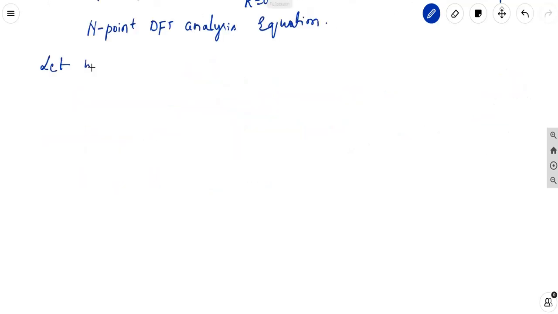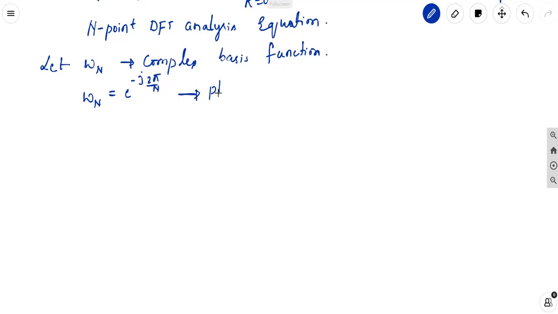Let us define one term called omega N, the complex basis function, defined as omega N equals e to the power of minus j 2 pi by N. This omega N is called the phase factor, or it is also called the twiddle factor.